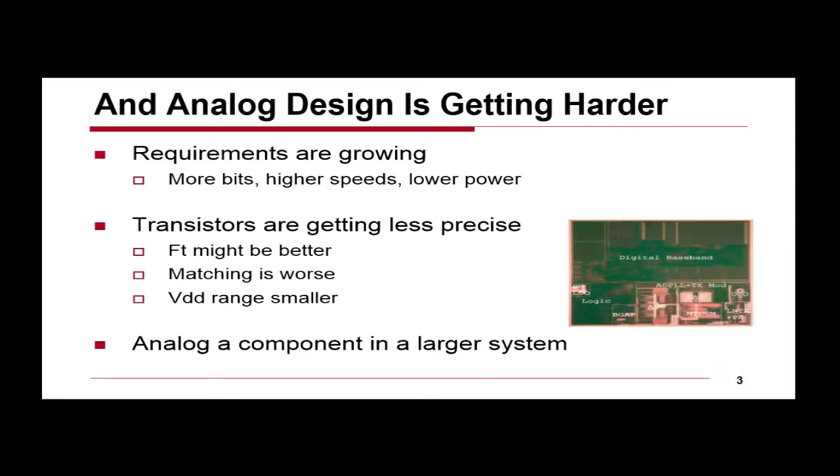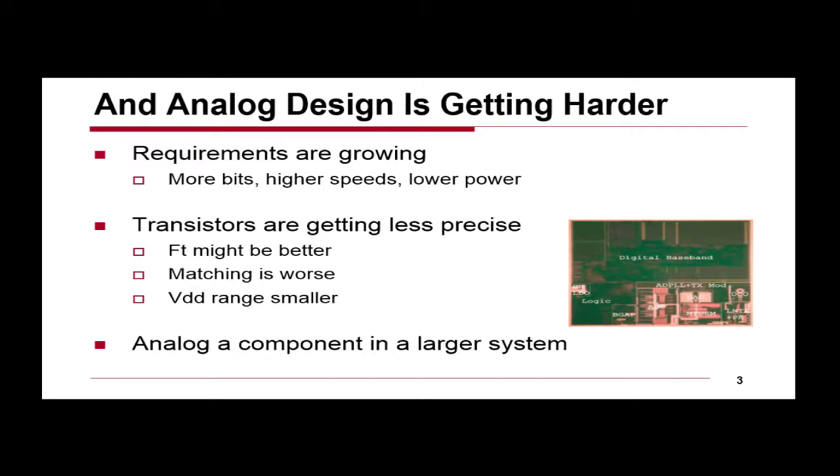As a result of this evolution and growing complexity of chips, the requirements on the analog systems are growing much more severe. While before people were happy with maybe 8-bit DACs or ADCs that ran at megahertz, now people want bazillion-bit DACs, I don't know, 16, 18, whatever, at lower frequencies.